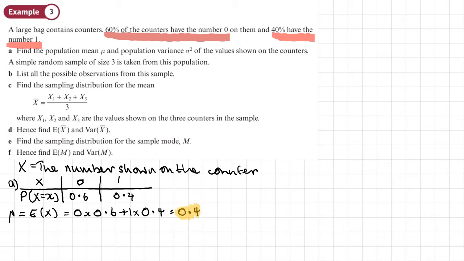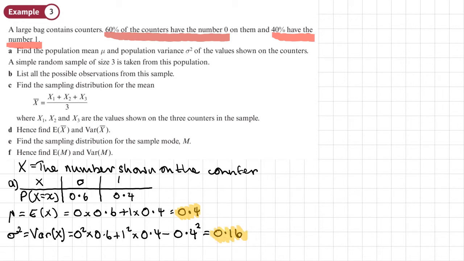And then our population variance is equal to Var X, so it's going to be E of X squared, so 0 squared times 0.6 plus 1 squared times 0.4, minus E of X squared, so we want to subtract E of X squared, and that gives us a value of 0.16. Okay, right, let's move on to part B.